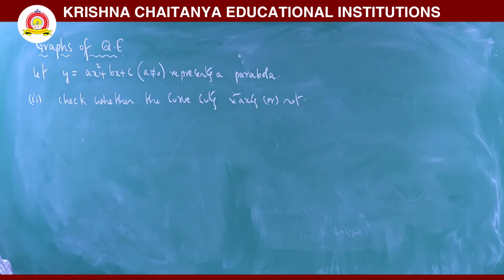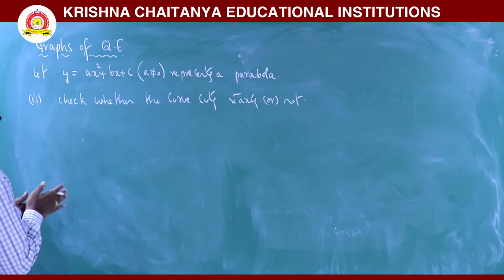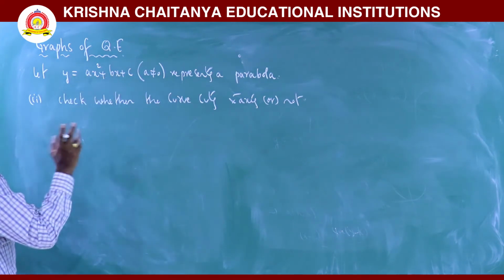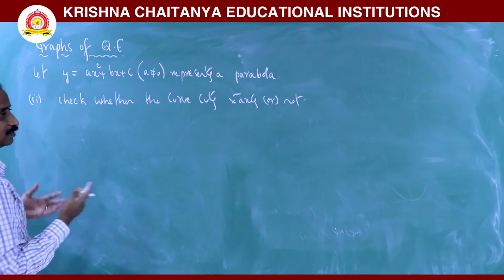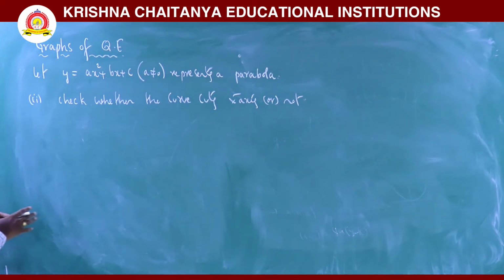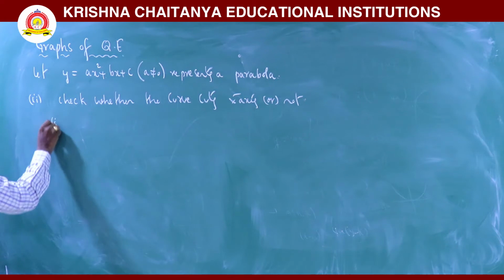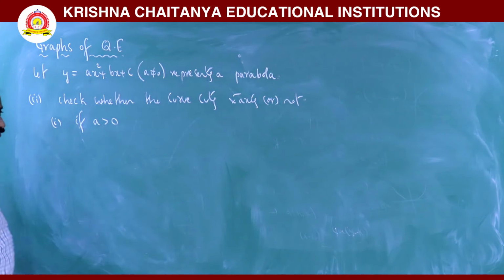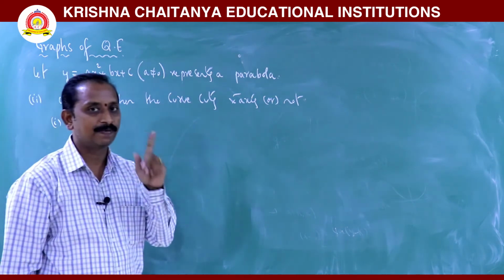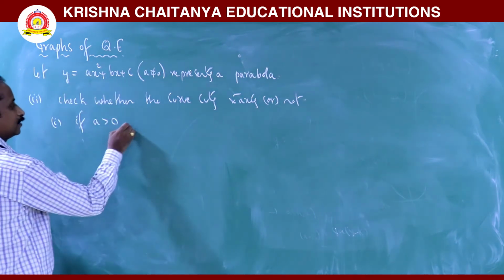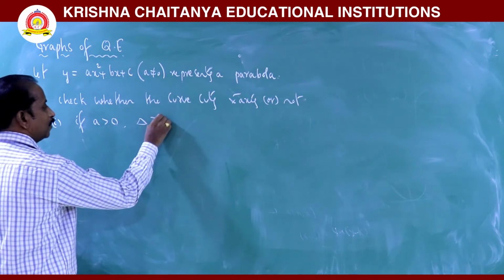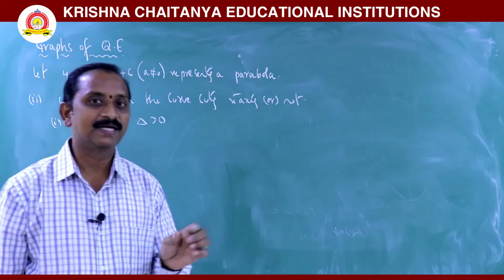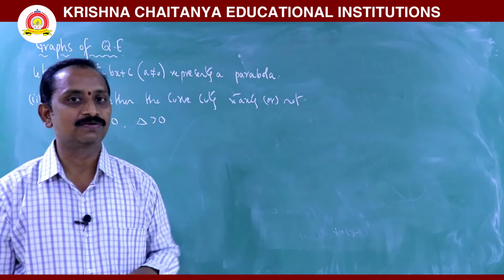Now, consider one point. For the respective quadratic expression, there are two roots, considered as alpha and beta, for example. If a greater than 0, the curve is open upwards, and delta greater than 0 means real and distinct roots.